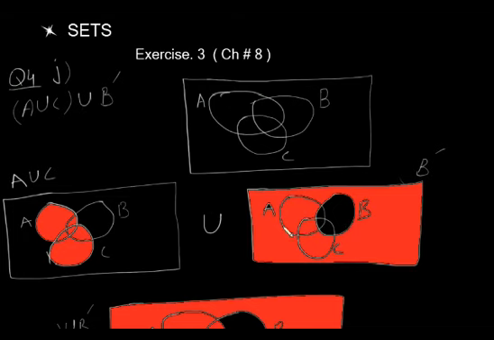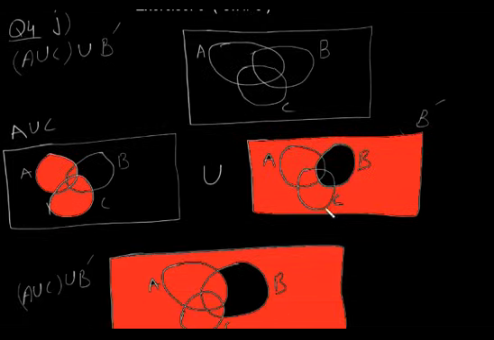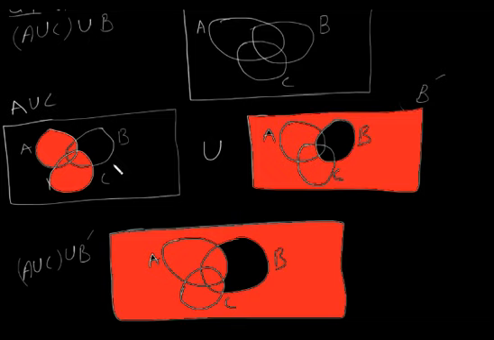So this is all B complement. Now union means that you just need to combine these two shaded regions. The only missing portion is this one, and you are getting this from A union C, and this portion is still empty. It means that even combining these two, this portion will remain empty and everything else will be shaded. So it is A union C union B complement.